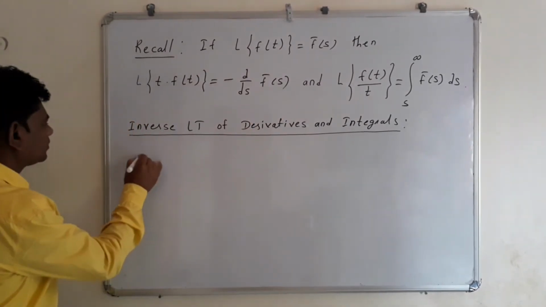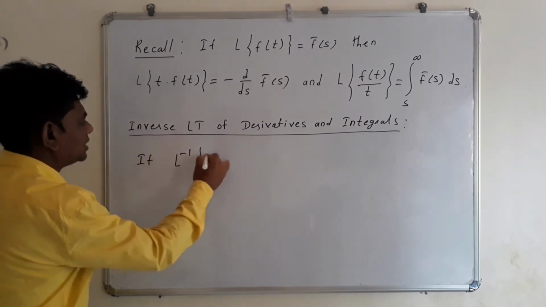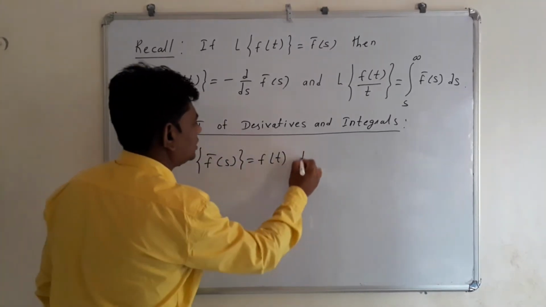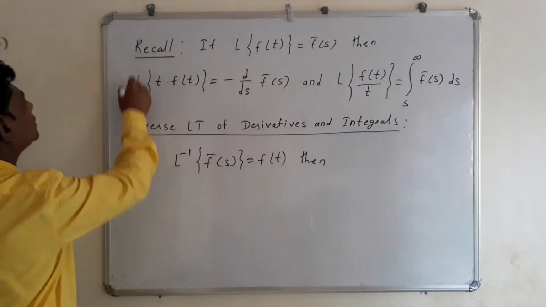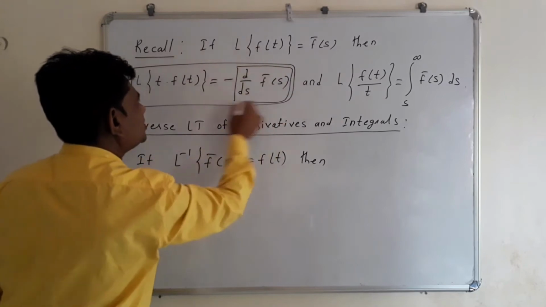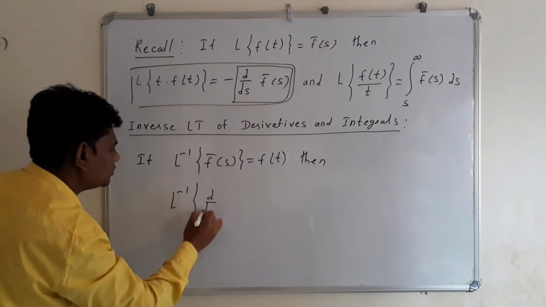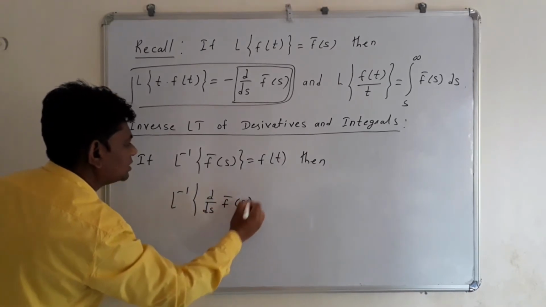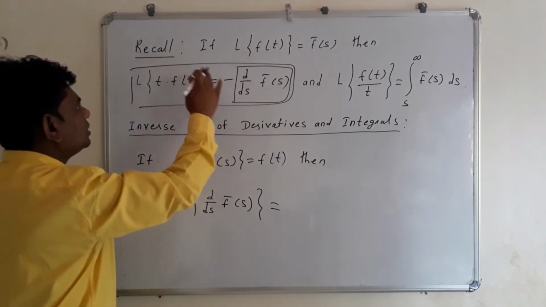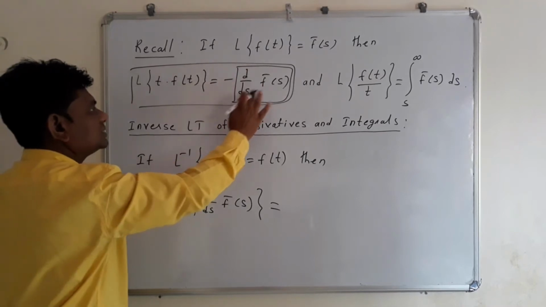If inverse of f bar s is equal to f of t, then inverse of d by ds f bar s, meaning inverse of derivative of f bar s, is equal to, by using the definition of inverse Laplace transform, Laplace transform of t times f of t is equal to minus d by ds f bar s.